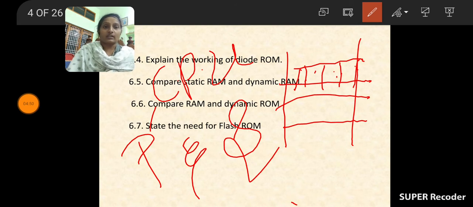Devices connected externally to our CPU are called secondary memories. Examples are hard disk drives, magnetic tape recorders, etc.